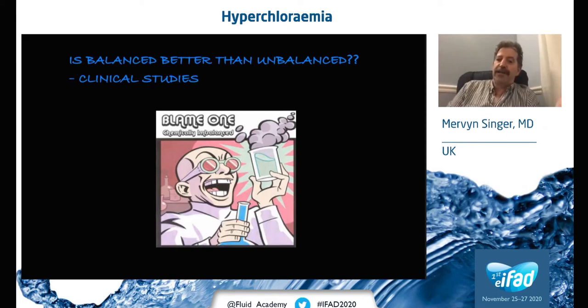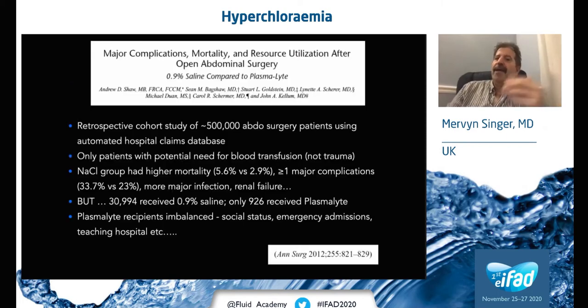Let's look at a few clinical studies. There were a lot initially of retrospective analyses. This is from Andy Shaw and colleagues, a retrospective cohort study of more than 500,000 abdominal surgical patients, but this was taken from a claims, a financial database. They found that there was a doubling in mortality in those given saline, more complications, more major infections, more renal failure.